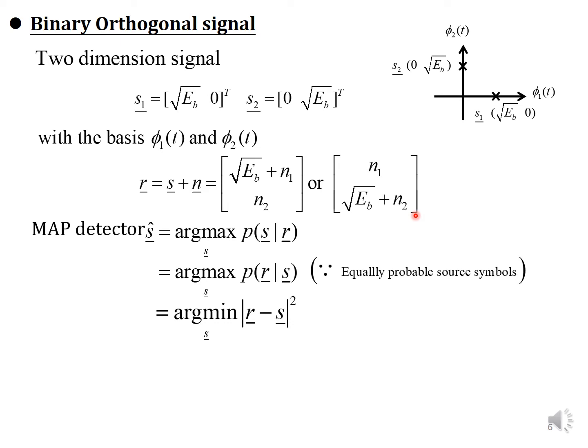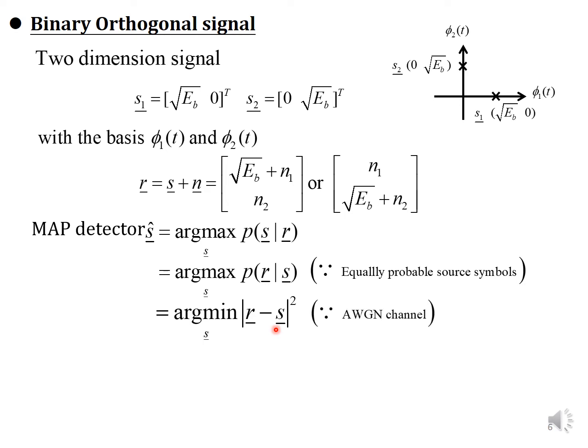the noise is Gaussian. When the noise is Gaussian, this conditional probability is a Gaussian distribution, which is equivalent to the log likelihood function, and the log likelihood function is equivalent to this distance function.